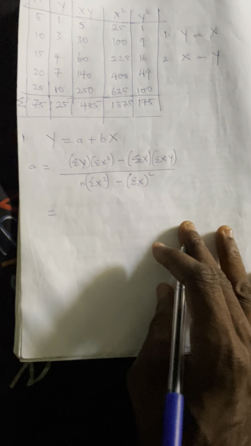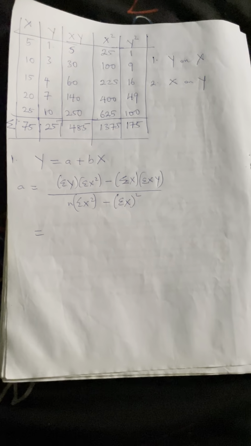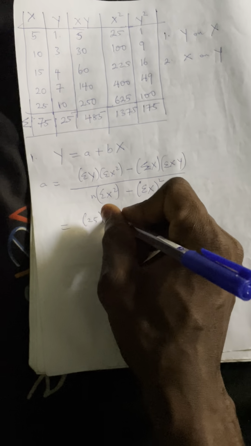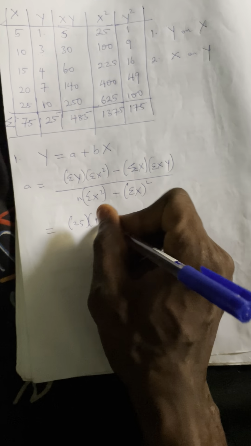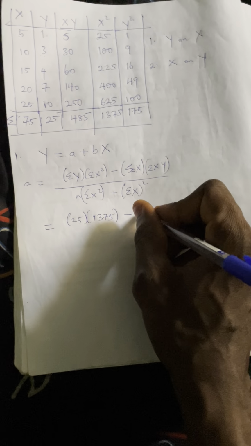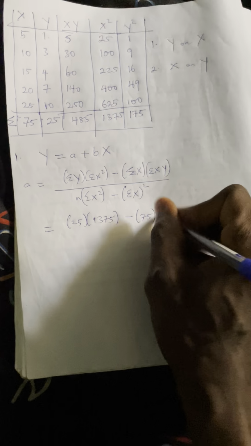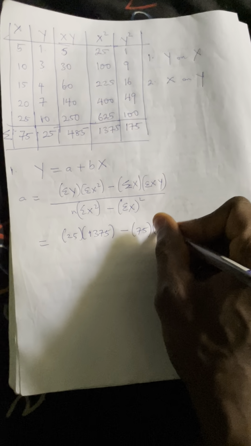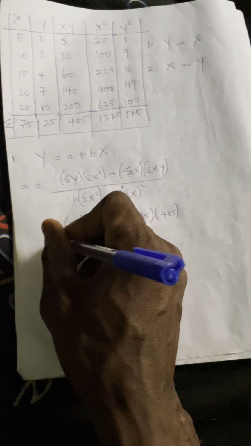Now to find a here, your summation y is 25. So we have 25 in bracket summation x squared, that's 1,375, minus summation x, that's 75, times summation xy, that's 485.